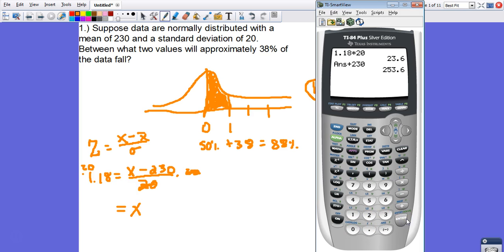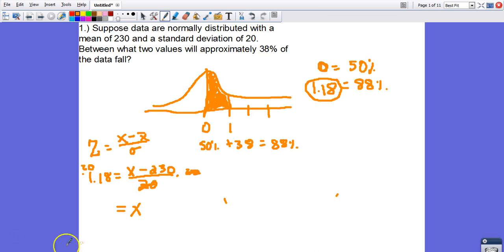Okay, so my x value is 253.6. So between what two values will there be approximately 38%? It's going to be between 50%, which is 230, and 253.6.